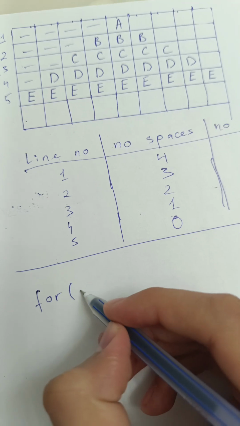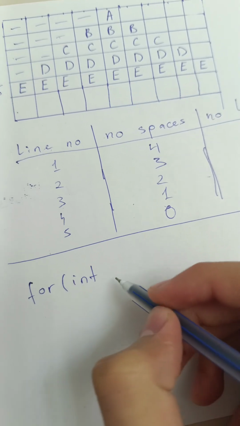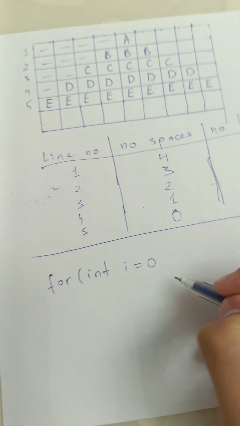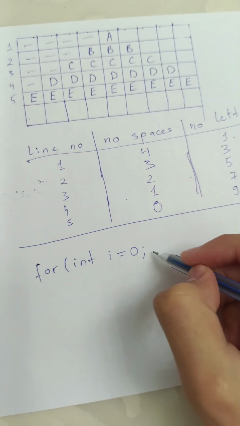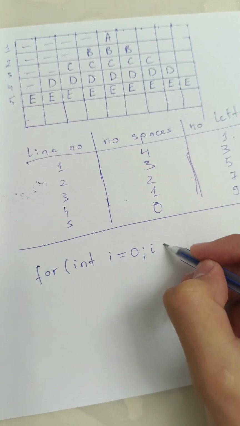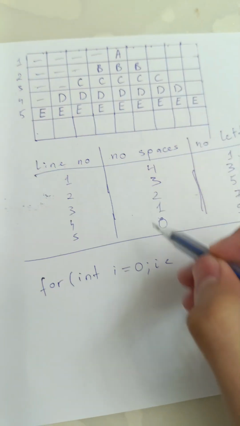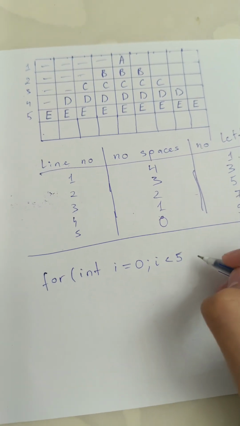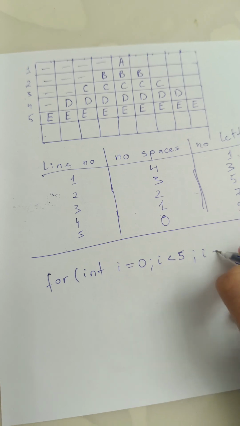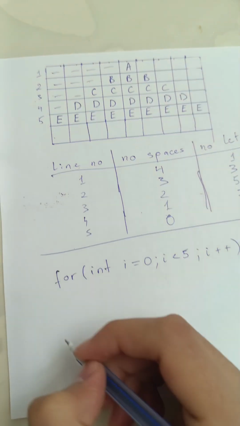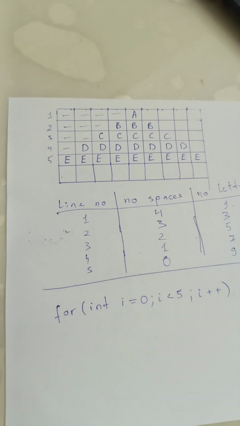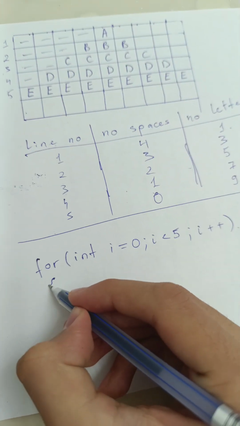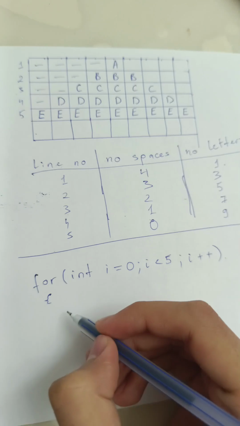For int i equals 0, i less than 5, we have 5 lines, and i plus plus. Okay, this is our outer loop. Let's go in now to the inner loop.